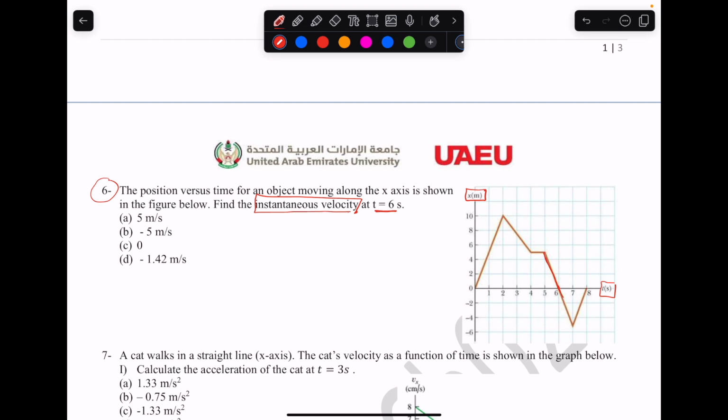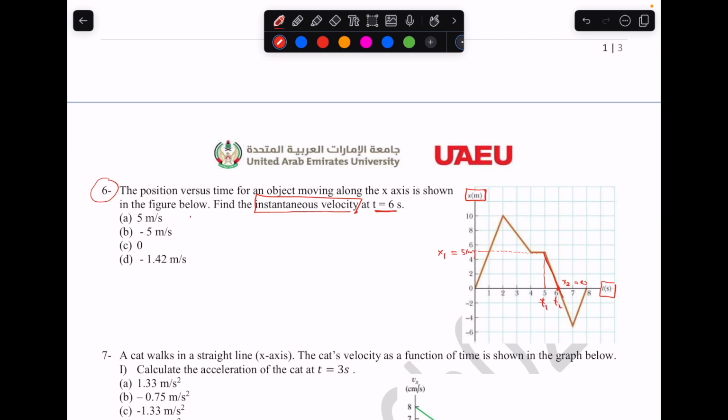We select this point, and corresponding to this is that distance. If you say that this is 5 meters and 5 seconds, then this is your x1. At this point your x2 is 0. This is your t1 and this is your t2.